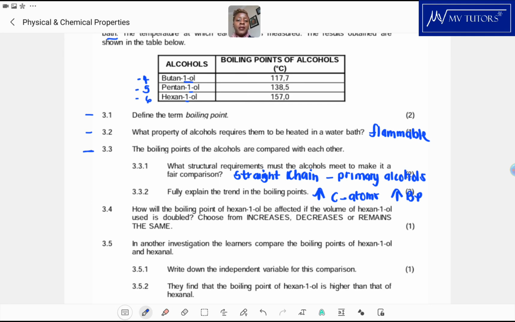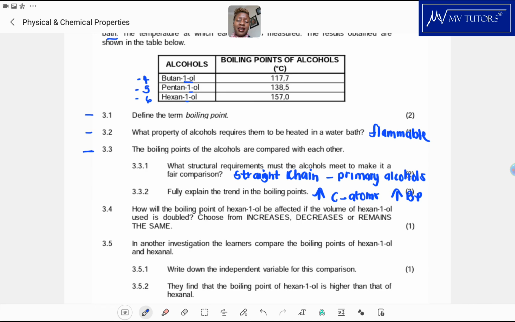Okay, so from the properties that we talked about, there were 5 of them that affect the physical properties of organic compounds. We first spoke about the intermolecular forces, the chain length. What else did we talk about? We spoke about whether it's a branched hydrocarbon or just a straight hydrocarbon.